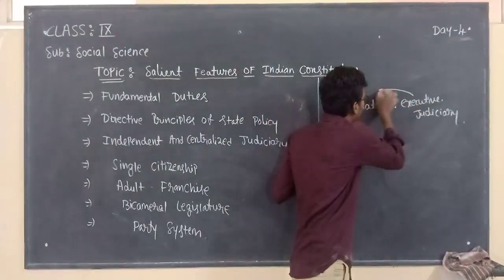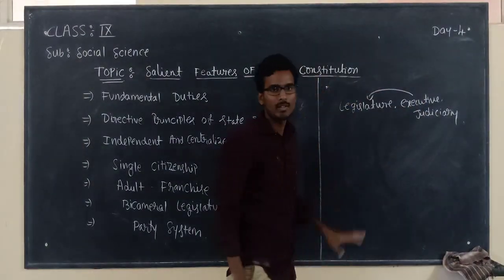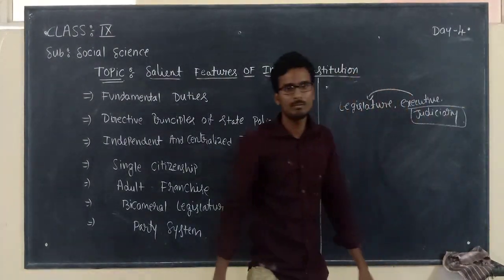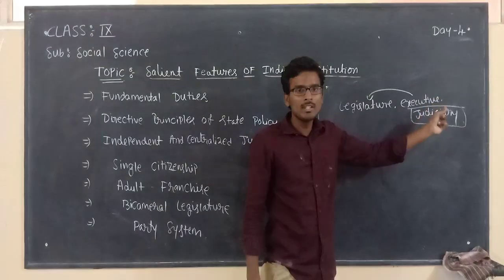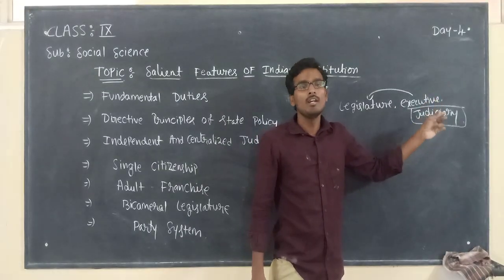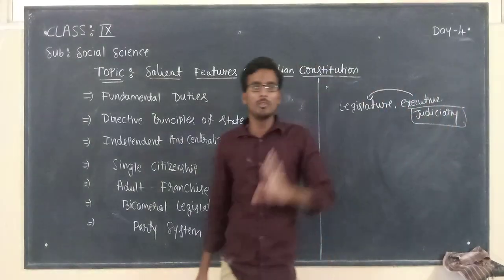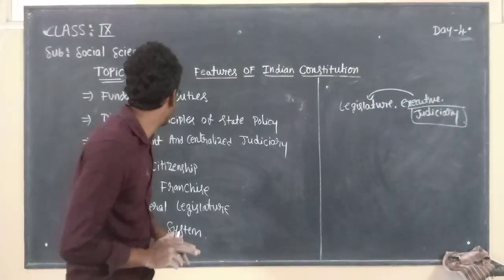The executive is responsible towards the legislature, but the judiciary is an independent one. The organ judiciary doesn't have any connection with the legislature as well as the executive. That's the point here.